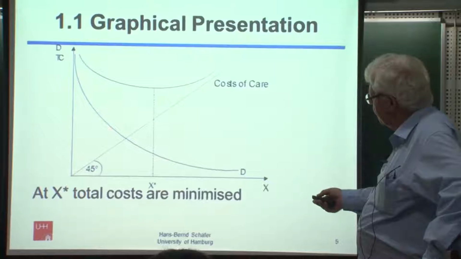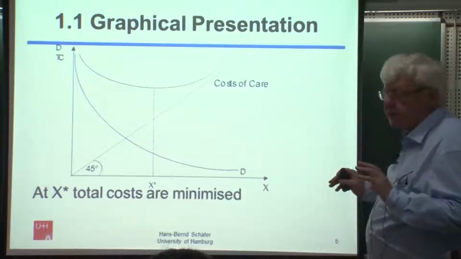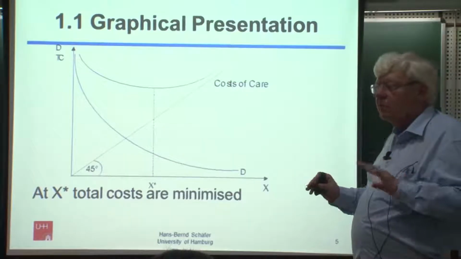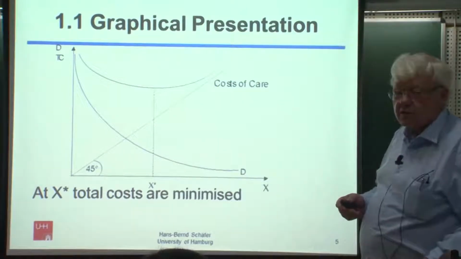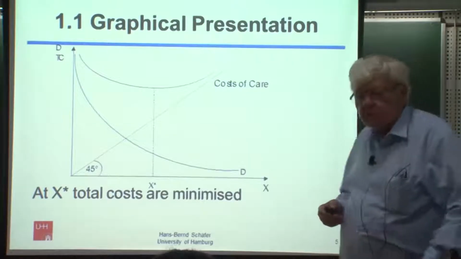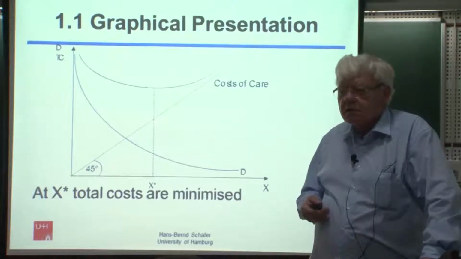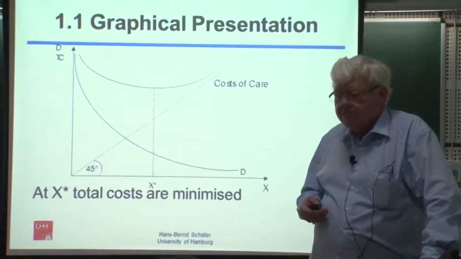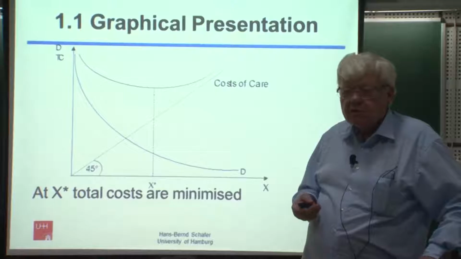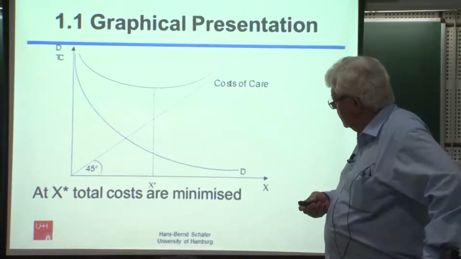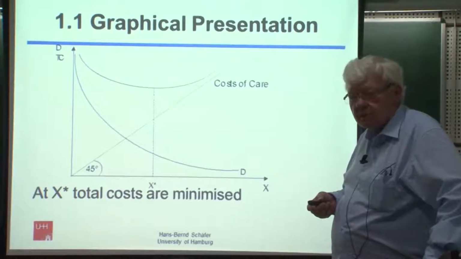So, now this graph here abstracts from the tertiary costs. So we assume them away. There are no tertiary costs. And if there are no tertiary costs, then what we want to achieve here is to minimize the sum total of accident costs and damage prevention costs, right?